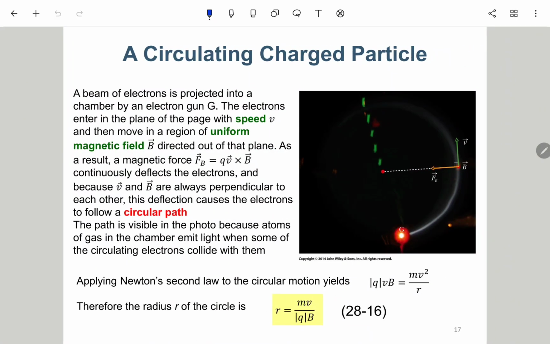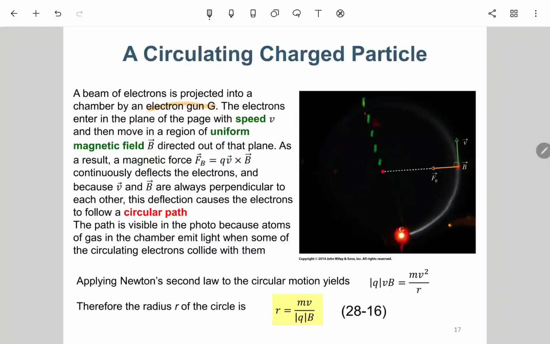Okay, so here we have a circular charged particle. In this case, we only have a uniform B field. Here it says a beam of electrons is projected into a chamber by the electron gun.